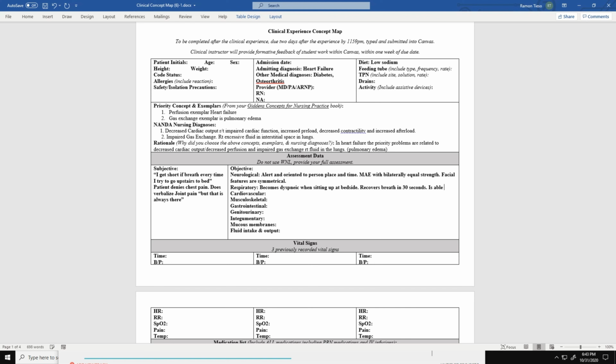Is able to converse in multi word sentences when at rest. All right, so just showing that at this point, this patient, when he's at rest, he's at least able to converse a little bit, but he's not able to do much. He tries to sit up at the bedside. He can't really do it without becoming dyspneic.